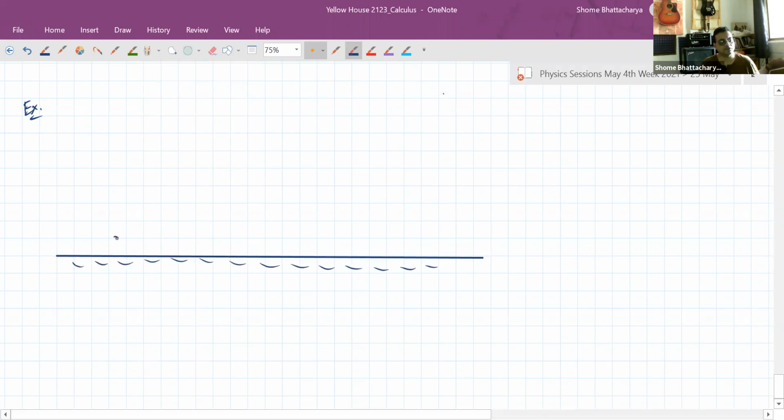So for example, this is, let's say, a horizontal surface on which we have a point from where we are observing. So this is a stationary observer. Now this stationary observer is, let's say, looking at a particle or an object P, which is basically coming down along this line.